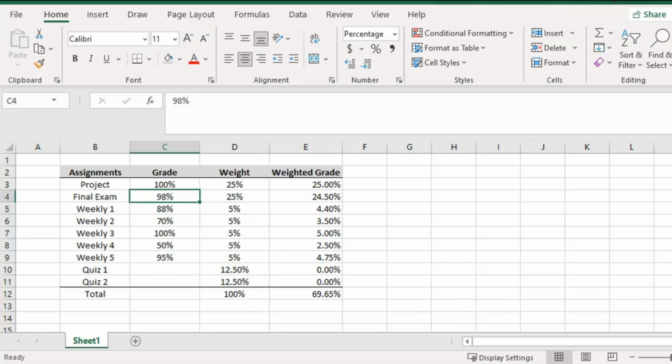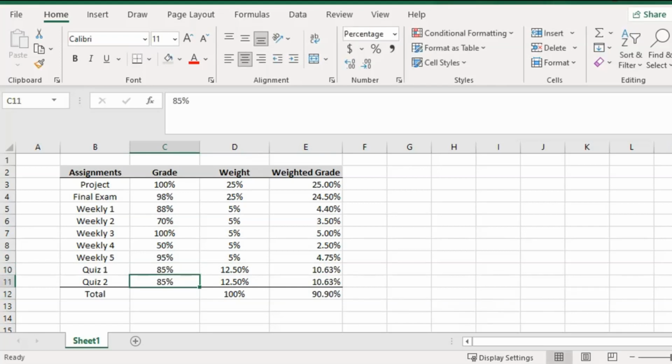Because we achieved 100% on our project, our weight is 25%, and therefore 25% of the course points are earned. We lose half a point in our final grade because our final exam is not perfect, but it's pretty close. And then for our quizzes, let's say we did well and got 85% in each case.